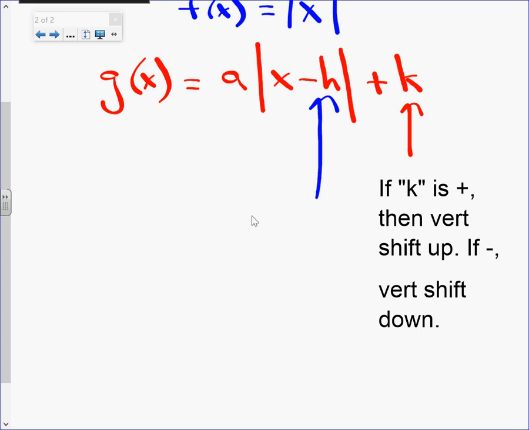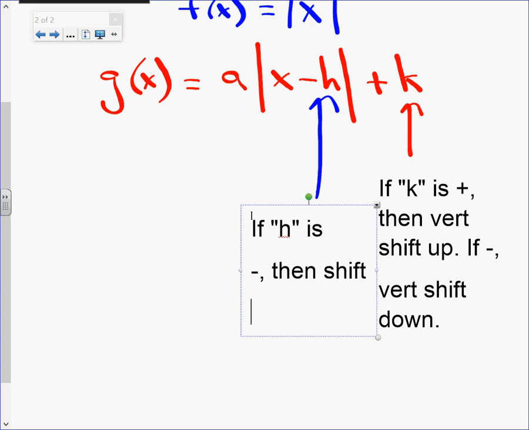All right, watch this. If h is negative, oops, let me just put, if h is negative, here we go, Rios, then shift to the right. All right, let me talk, gentlemen.